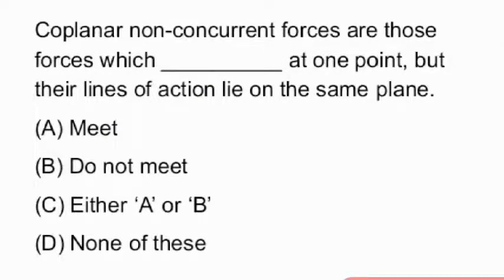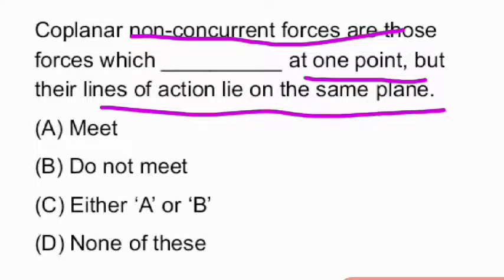Now next one is, coplanar non-concurrent forces are those forces which dash at a point but their lines of action lie on the same plane. First of all, here two systems of forces are there. One is coplanar forces, the other one is non-concurrent forces. Coplanar means the line of action is on the same plane.